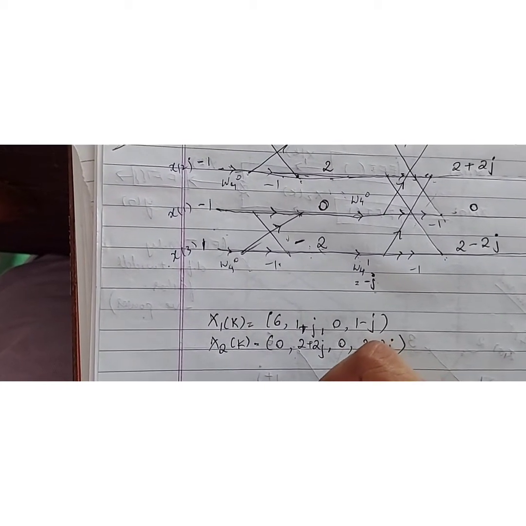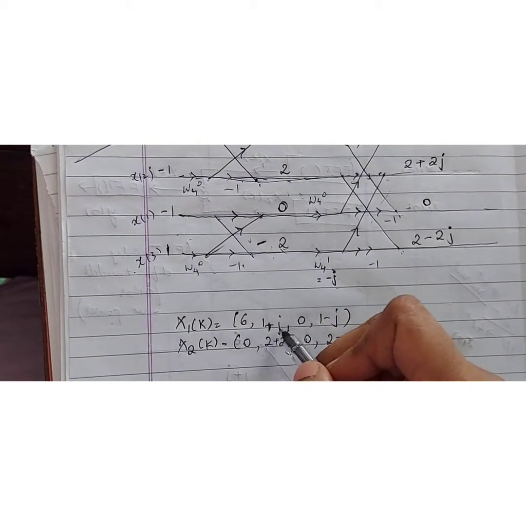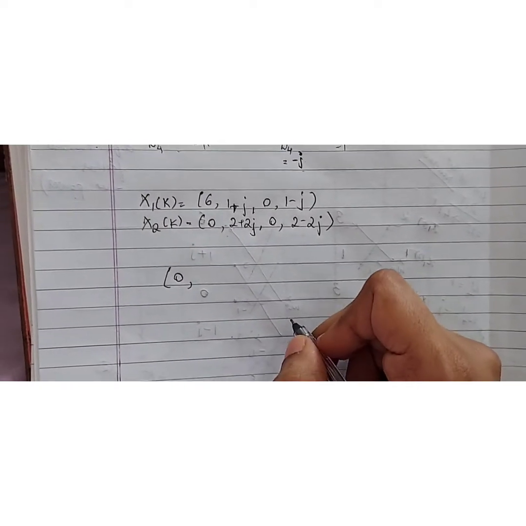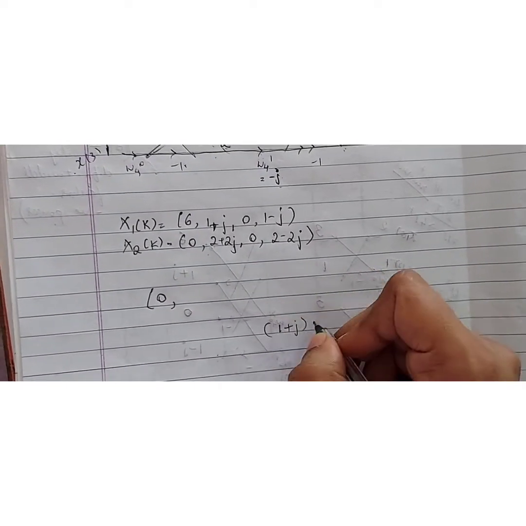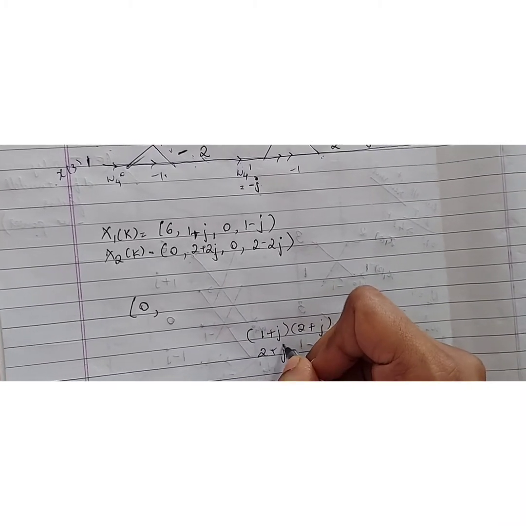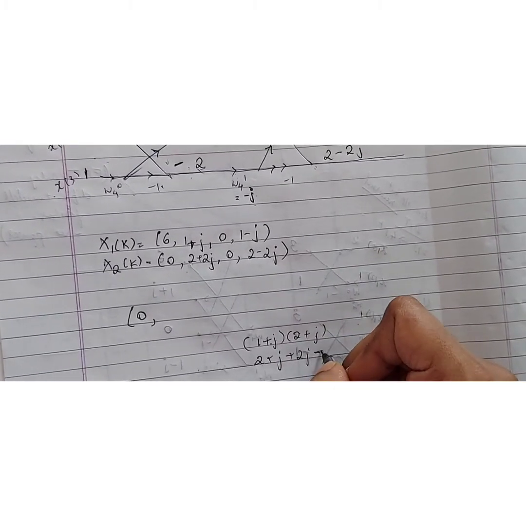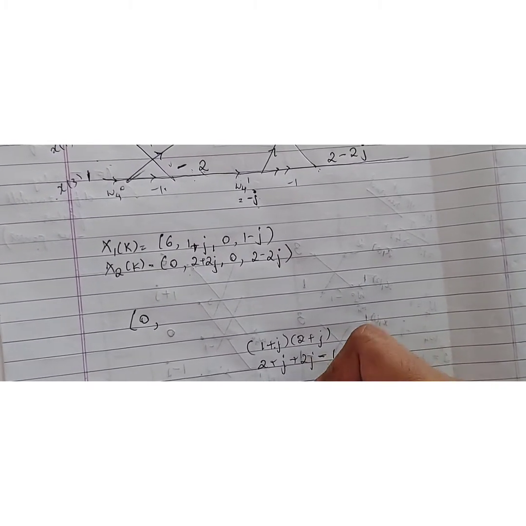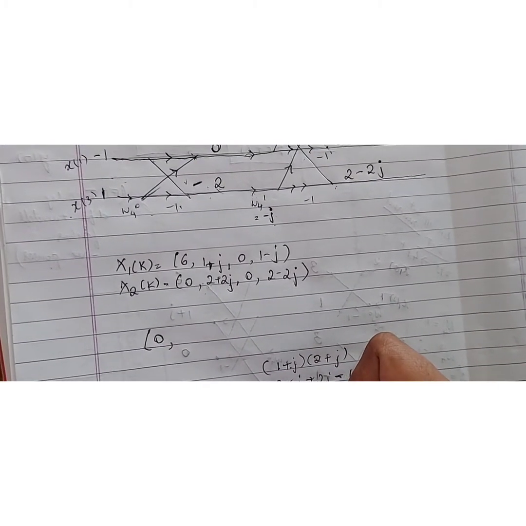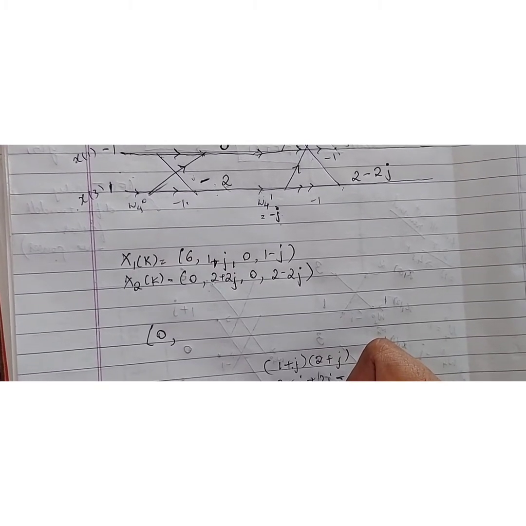Okay, you get 6 into 0 is 0. 1 plus j into 2 plus j, you can do it here. The bottom, 1 plus j into 2 plus j, what is it? This is 2 plus j into 2 is 2j, j square is minus 1. So this is 2j plus j is 3j, 2 minus 1 is 1. So this is 1 plus 3j, right?